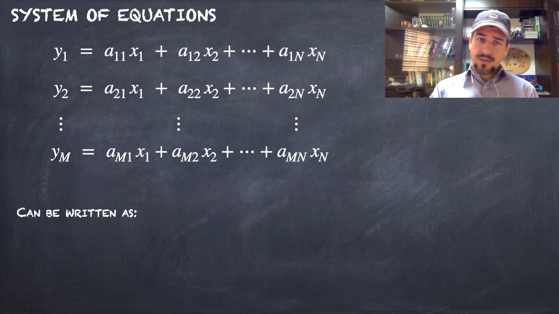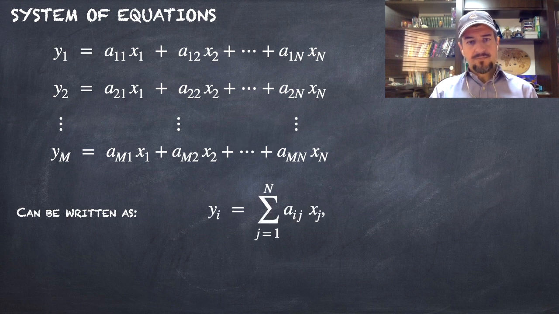This is very hard to write, so we can write it in a much more compact form. Each of these equations here can be written as y_i being equal to the summation of the coefficient a_ij multiplying x_j, with j from 1 to n.